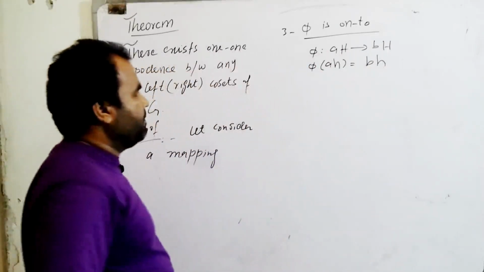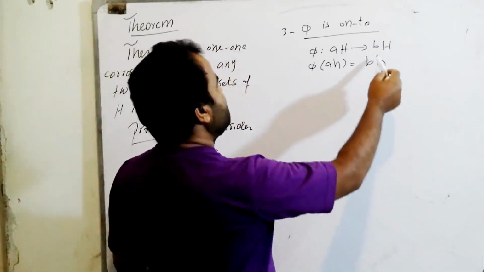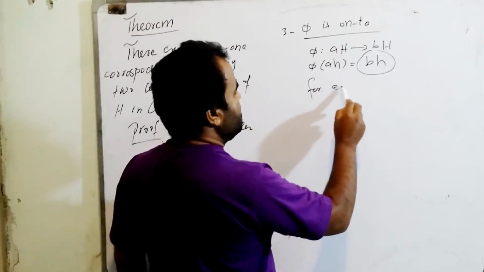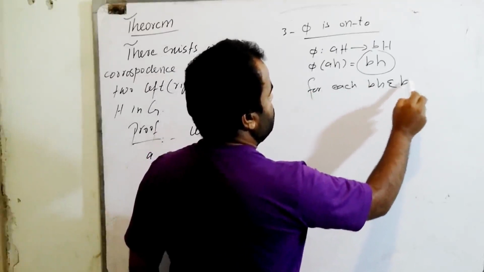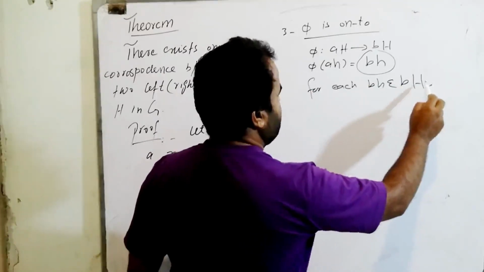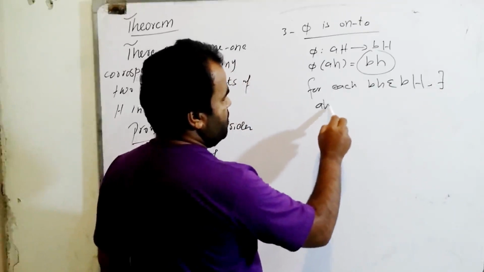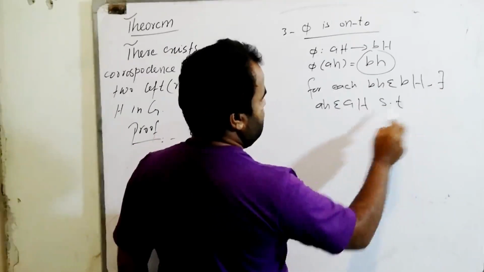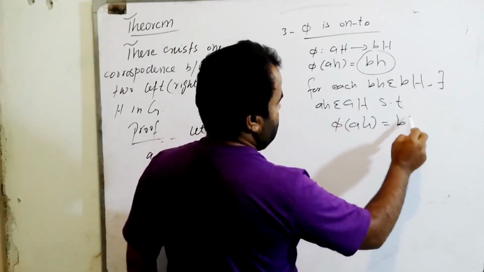This shows that for each BH in the coset BH, there exists AH in the coset AH such that phi of AH is equal to BH.